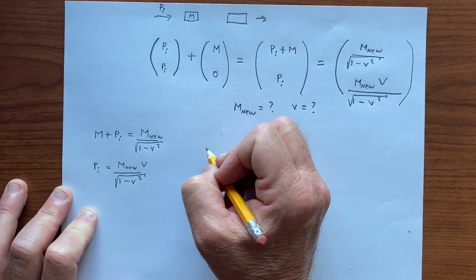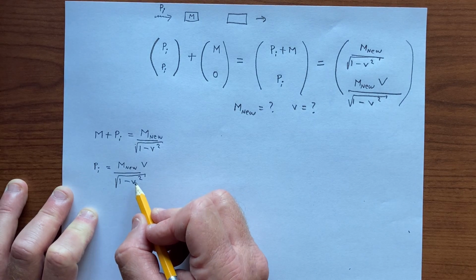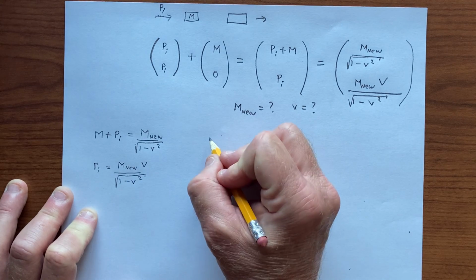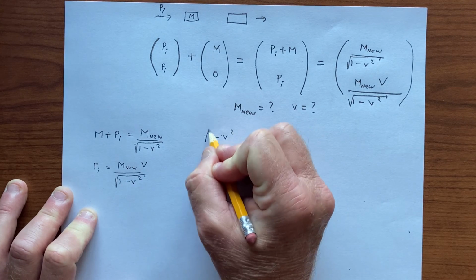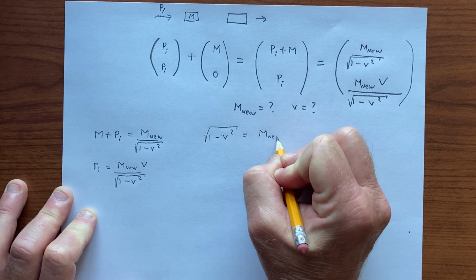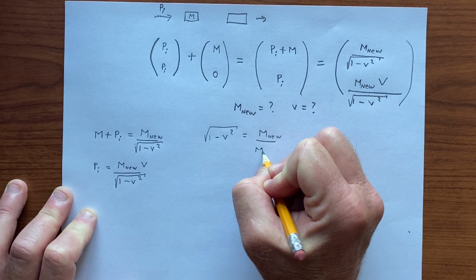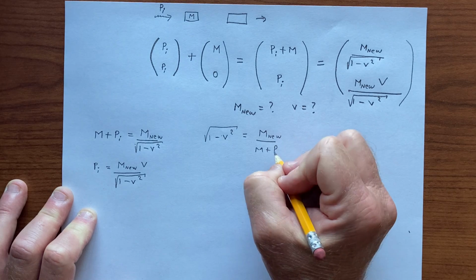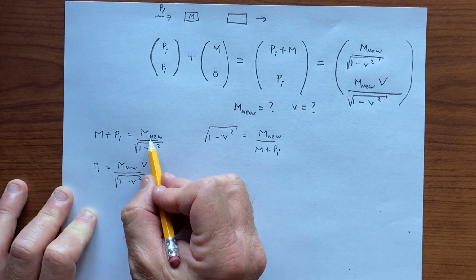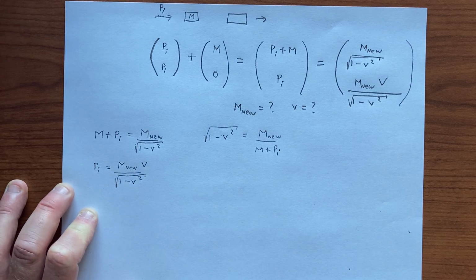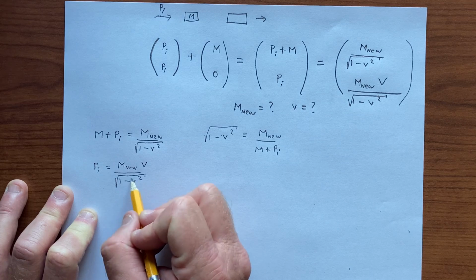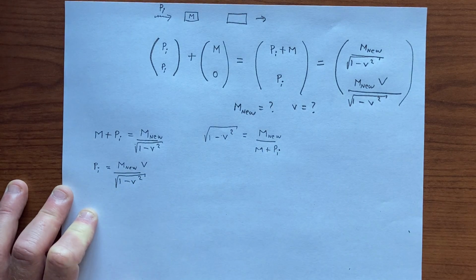So we could figure out what this quantity is, right? So the square root of 1 minus v squared is equal to m nu over m plus pi, from this equation, and then plug it into this equation, right?